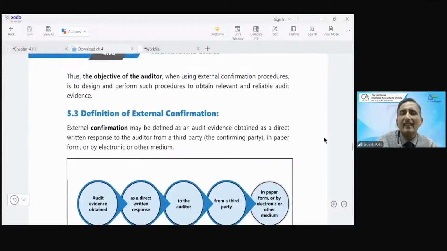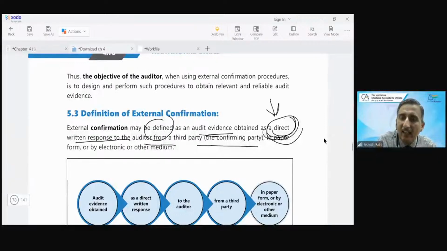So what is external confirmation? External confirmation may be defined as audit evidence obtained as a direct written response to the auditor from a third party. It is a direct written response. So here, what is the auditor doing?